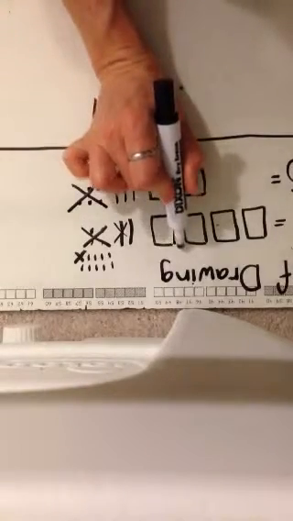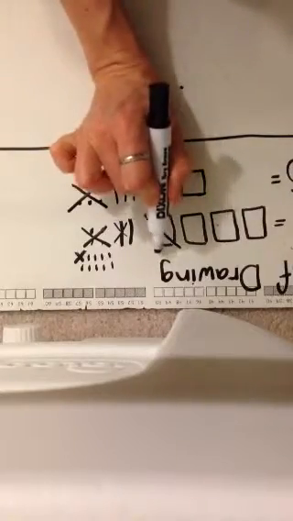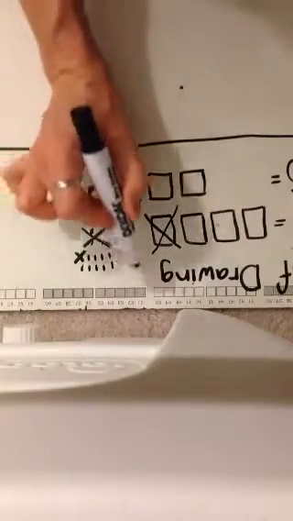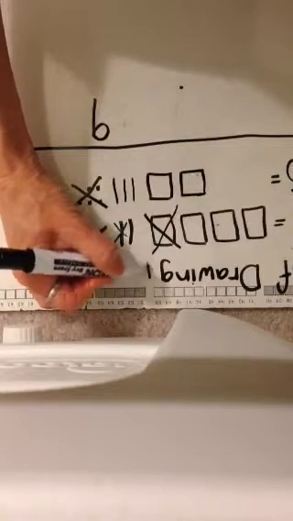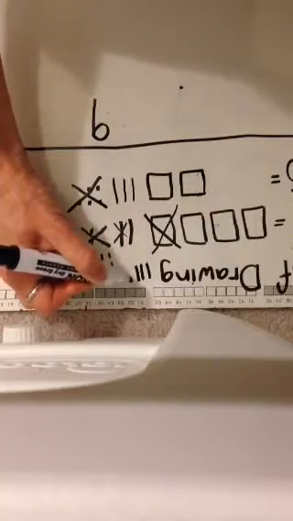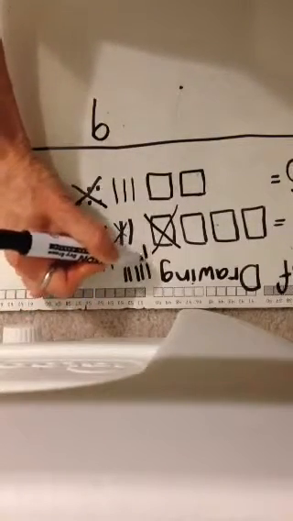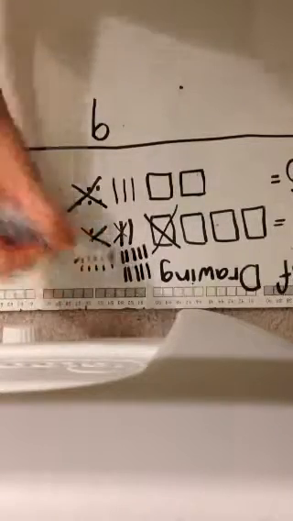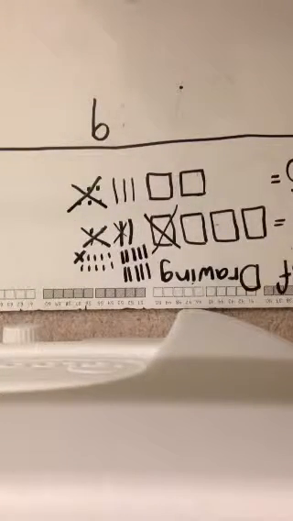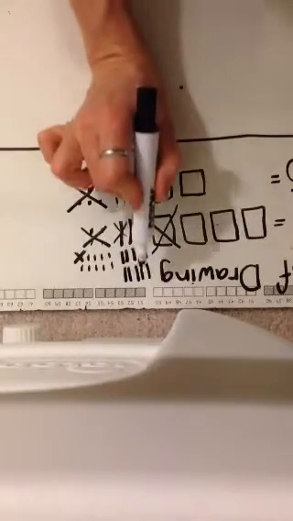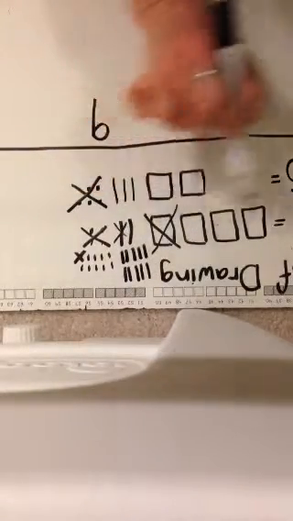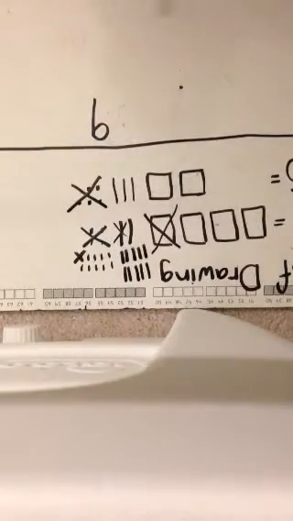So now we're going to go next door and grab 10 more. And in this case, it is actually 10 tens, which equals 100. So now our problem becomes 110 minus 30.